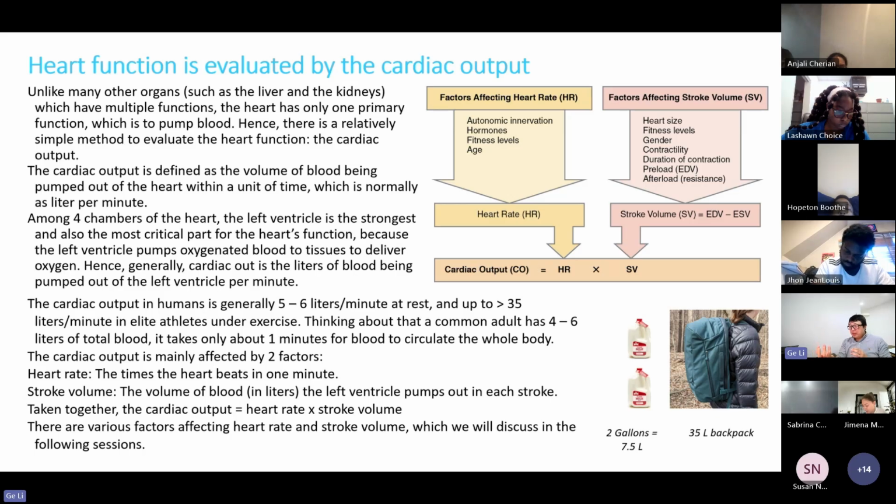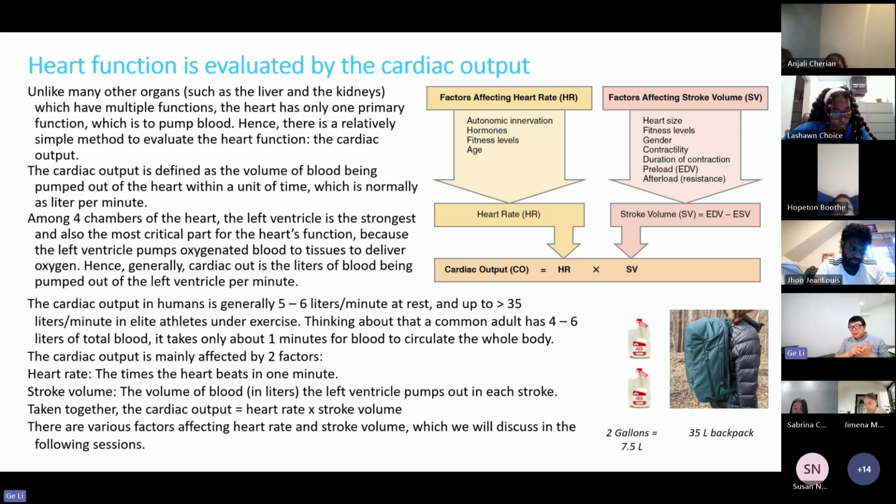Another factor is, for each beat, for each contraction, how much blood can be pumped out. This is called stroke volume. Stroke means one stroke. Let me say this again: stroke volume is the amount of blood that can be pumped out of the left ventricle per contraction.